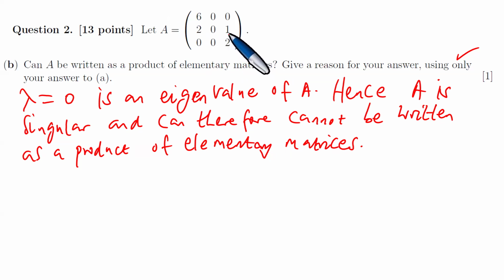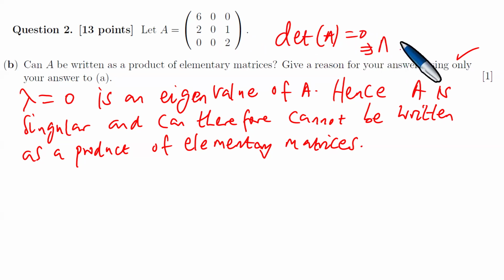If you find the determinant, you expand for this entry here, cover this column and this row, and multiply: 0 by 2 is 0, minus 0 by 1 is 0. This is 0 times whatever, and this is 0 times whatever. Because the determinant of the matrix A is 0, it means that A is singular.